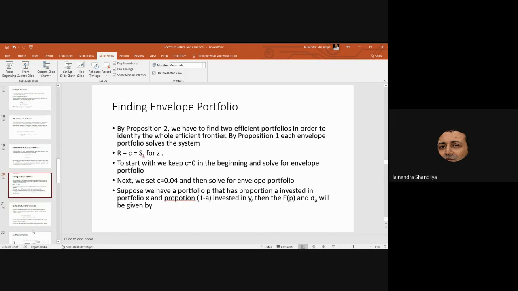So now let's go to our Excel sheet and calculate the variance of this envelope portfolio.